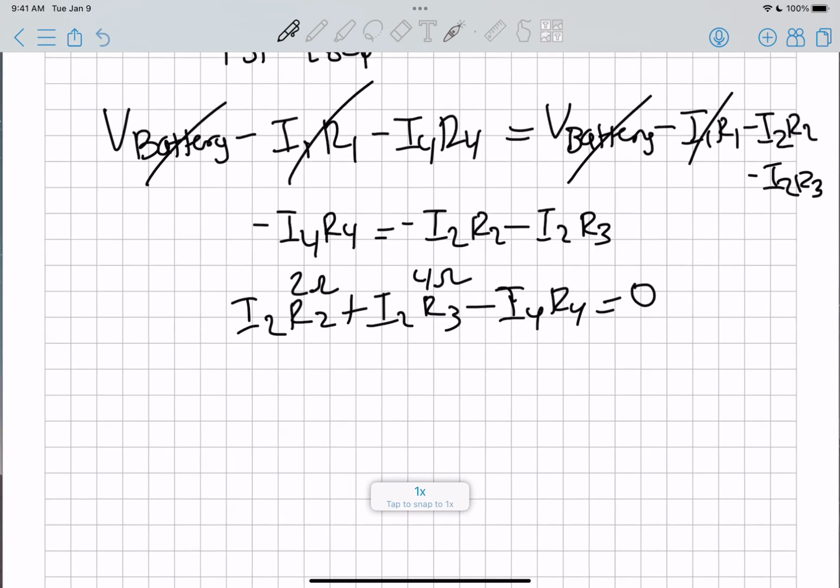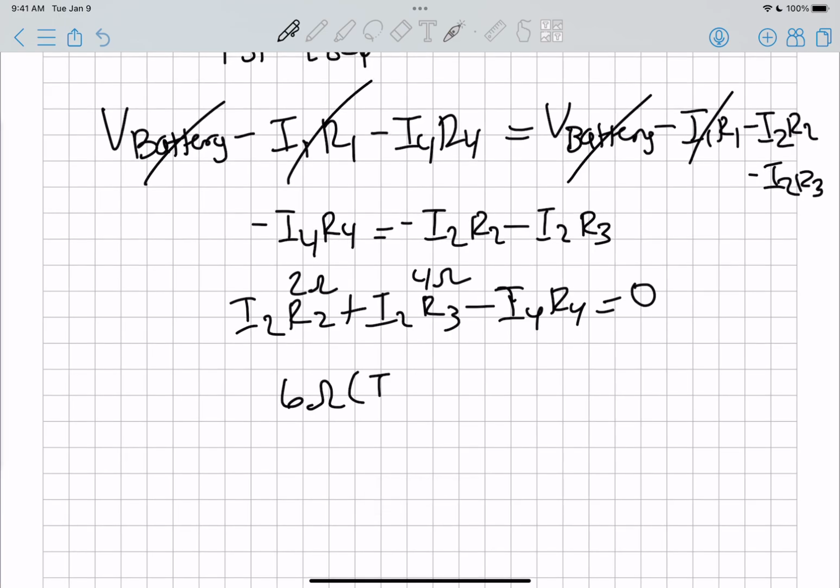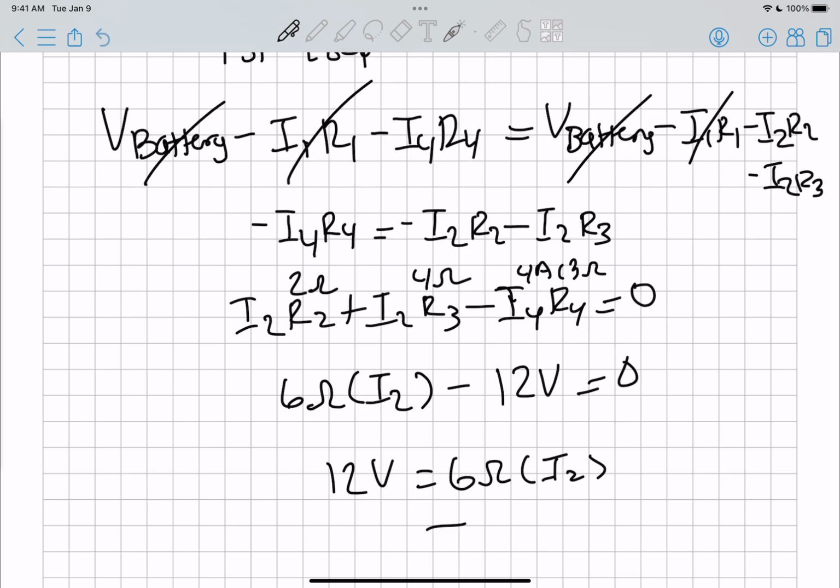So this is 6 ohms times I2, and this is 4 amps times 3 ohms. So this is just 12 volts right here, and that's equal to 0. So 12 volts is equal to 6 ohms times I2, and your I2 would be 2 amps. Does that sort of clear it up now?